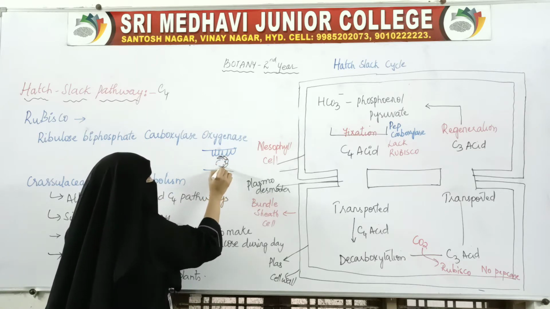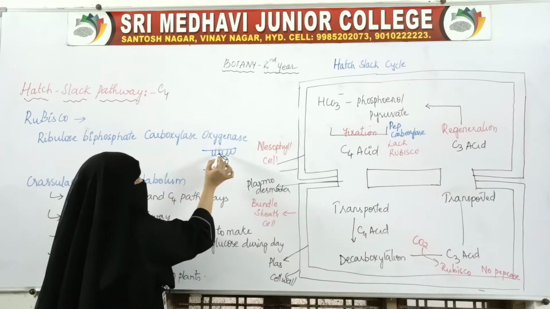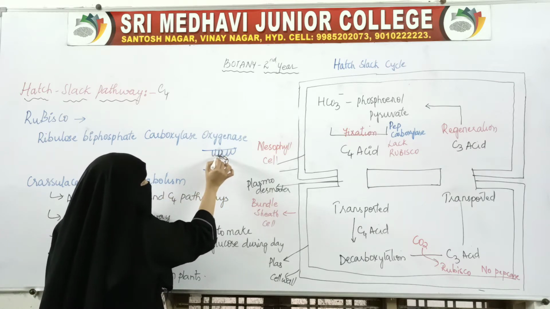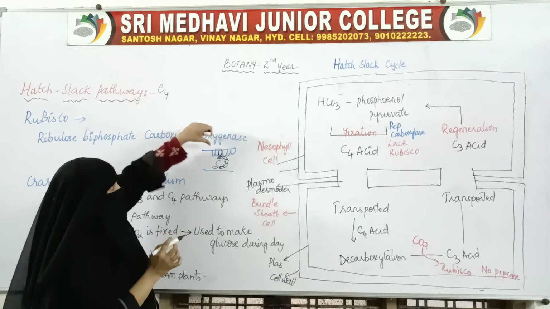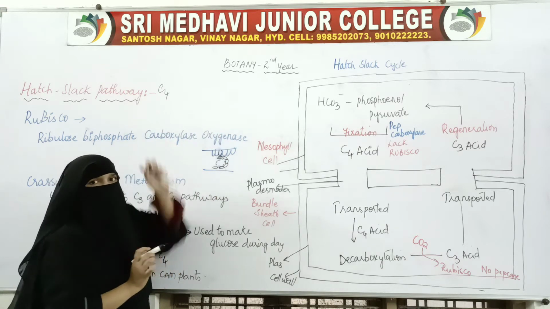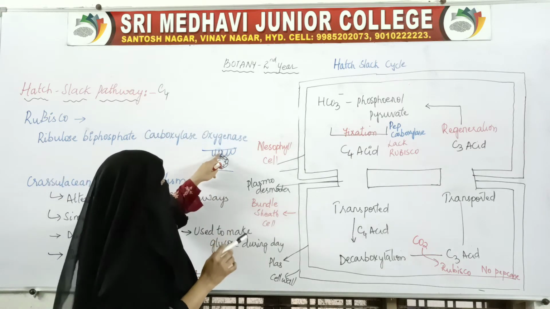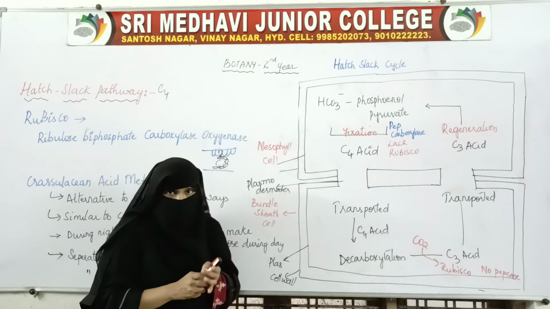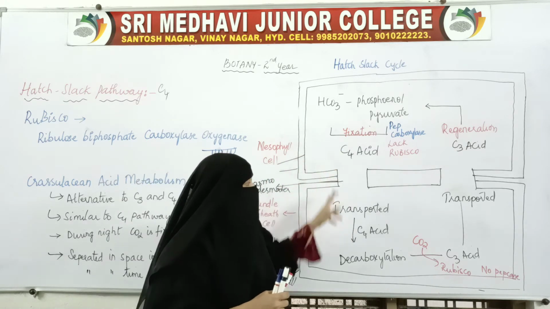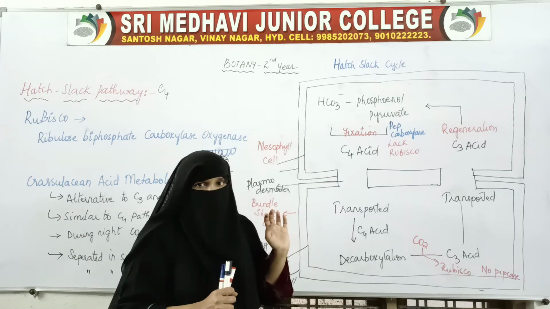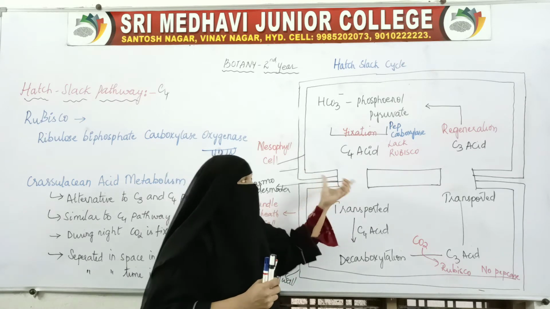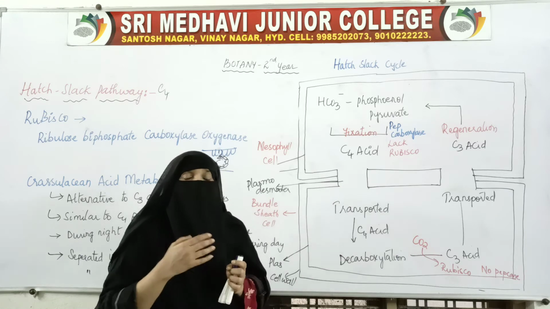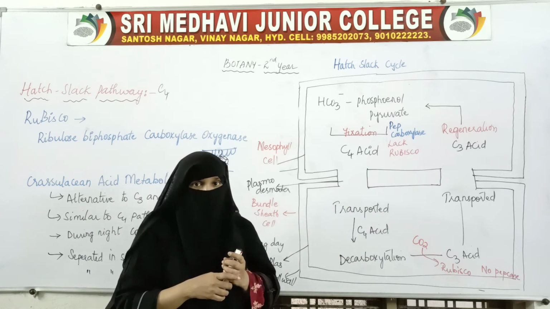This is the mesophyll cell and this is the bundle sheath cell. They are connected. Now let us see how the C4 cycle takes place.